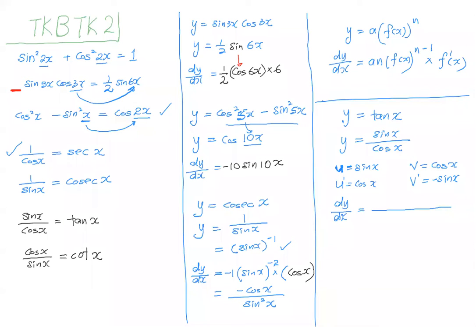V, what is your V? Is cos x. Do you know what is the quotient rule formula? Until now, you still can't get the formula. That means there's something wrong with you.